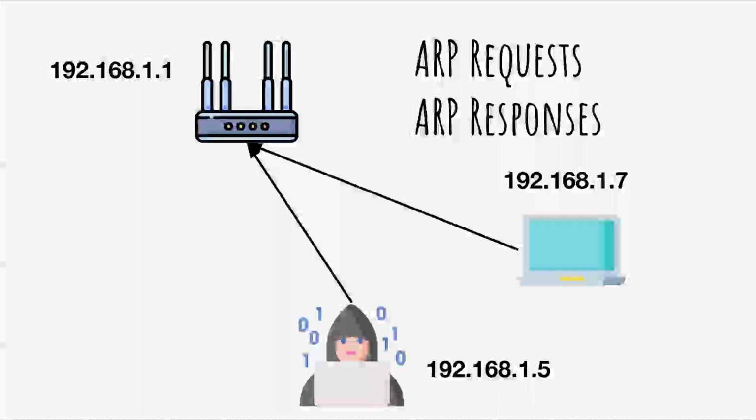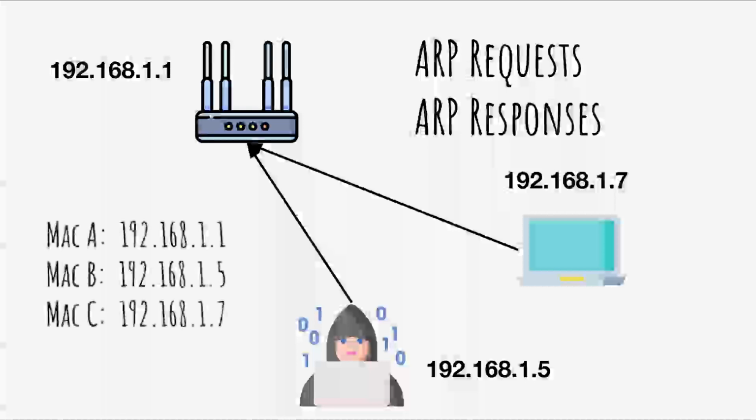This would be sent out to the broadcast, and once the machine that has the wanted IP responds back, we would then know the MAC address that belongs to that IP and vice versa. This is possible with the help of the ARP tables that every device has, where it maps the MAC address to the device's current IP address, and it does that for all the devices that it needs to communicate with.